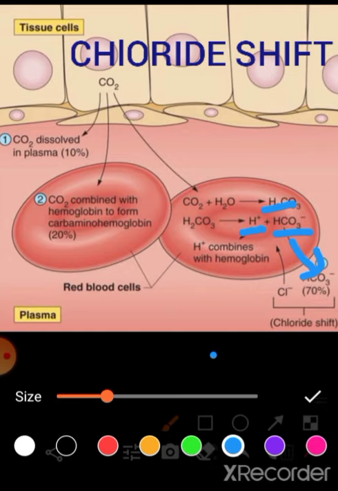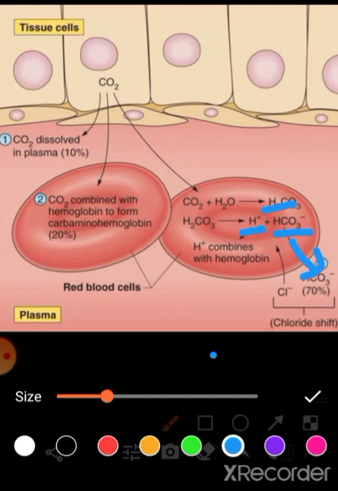Okay, so here comes the chloride shift. The chloride shift is nothing but, the exit of bicarbonate ions considerably changes the ionic balance between the plasma and the RBCs, right? So to restore this ionic balance, the chloride ions diffuse from the plasma into the erythrocytes.